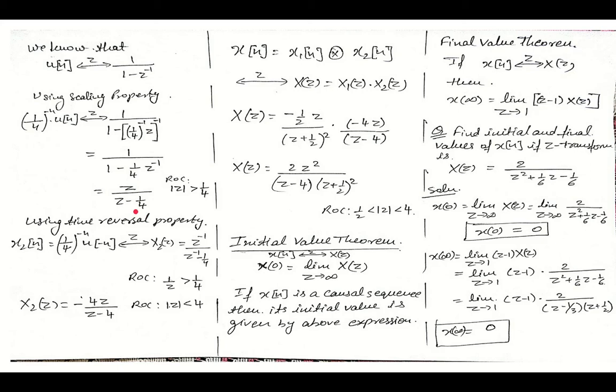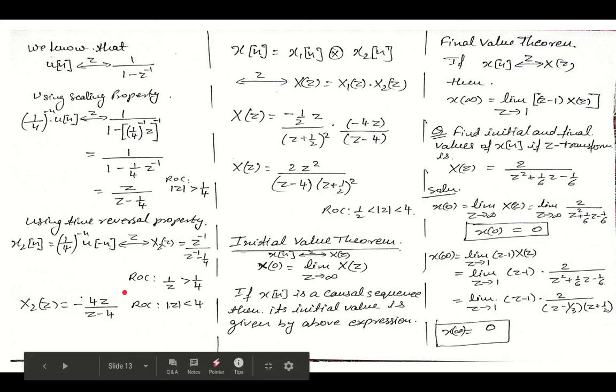Now after this we will be utilizing our time reversal property. According to the time reversal property, if I have such a signal, then I have to put z inverse instead of z in the z transform. So instead of X2(z) we can put z inverse wherever there is z. So z inverse upon z inverse minus 1 by 4.